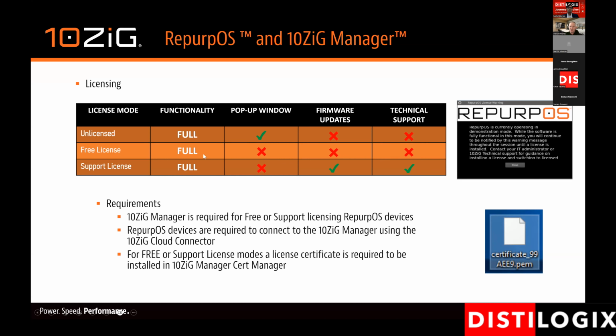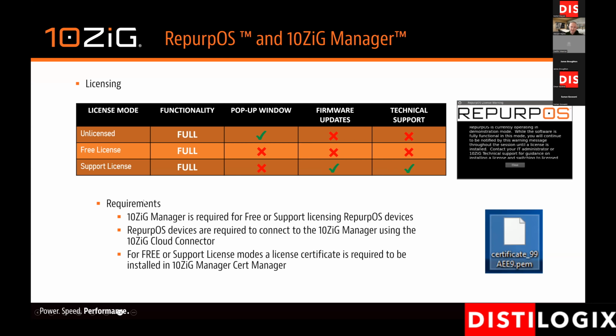So you can use RepurpOS fully, and you won't get the pop-up window, but you are still restricted in terms of doing any firmware updates, and also getting any technical support if you have any issues with any third-party peripherals, for example. But then if you get a full paid support license, you remove the pop-up window, and you also get the firmware update support and access to technical support as well.